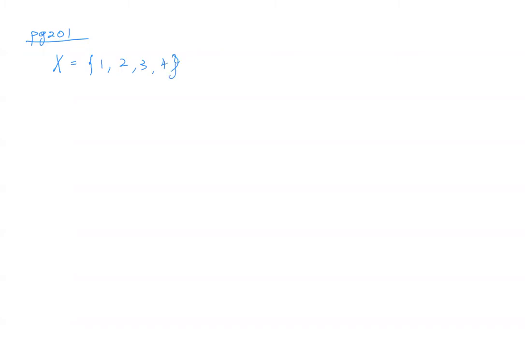And let Y be the highest number rolled when the die is rolled twice. Highest number rolled.